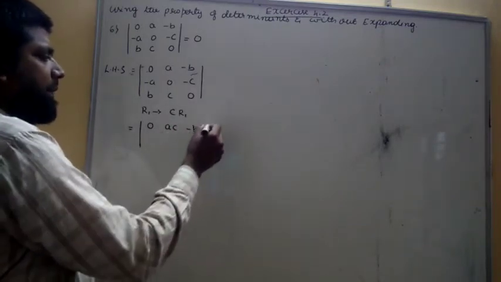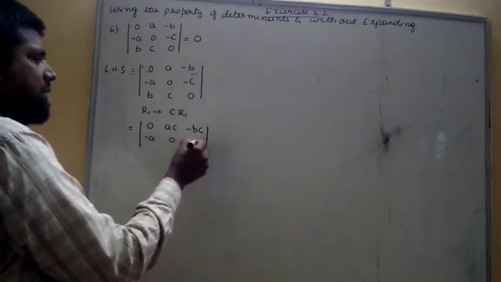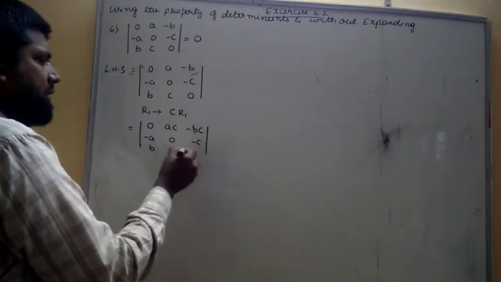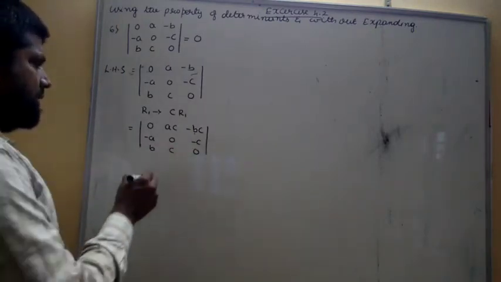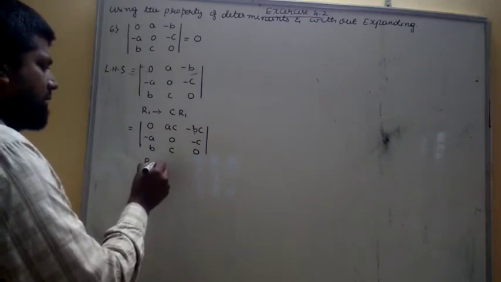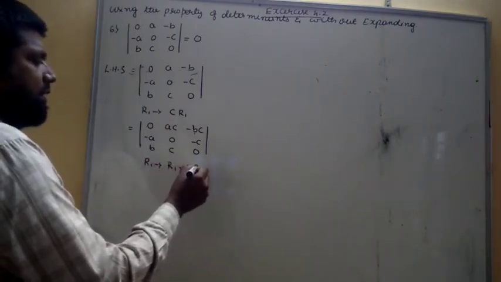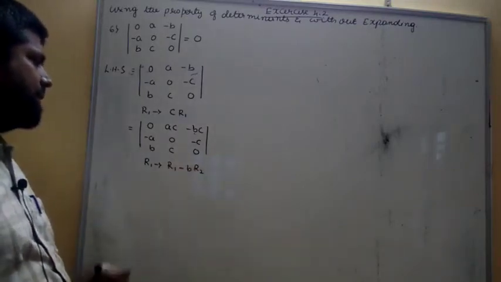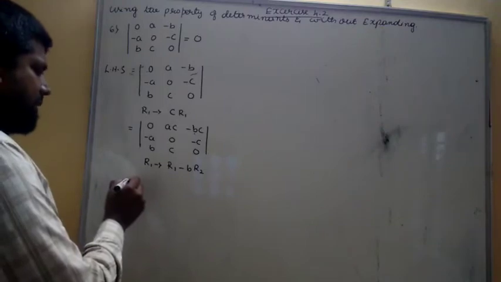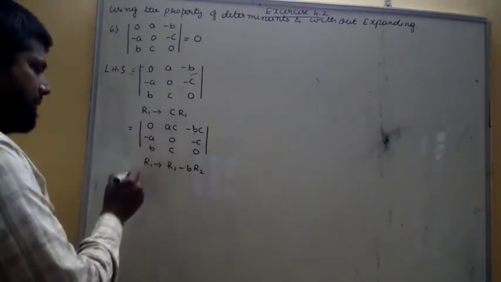Then you write the second row as it is: minus A, 0, minus C, and the third row B, C, 0. Then again change R1 to R1 minus B R2, which means we have to multiply R2 with B.